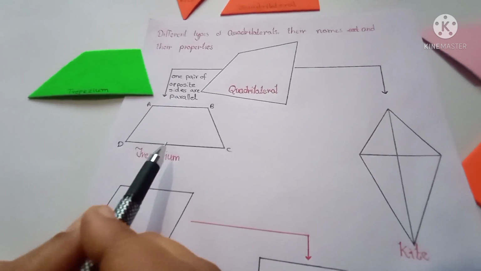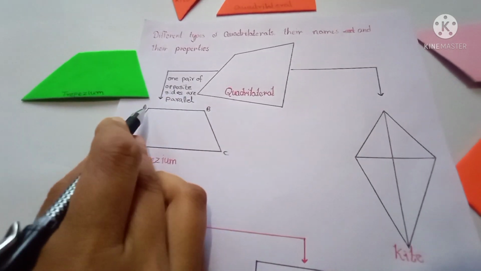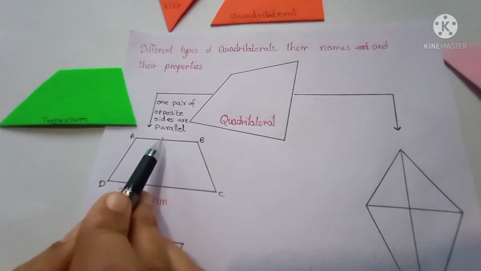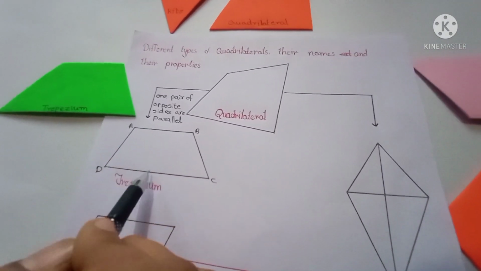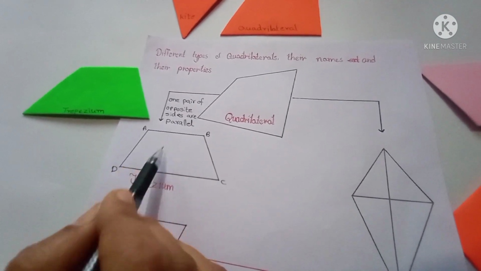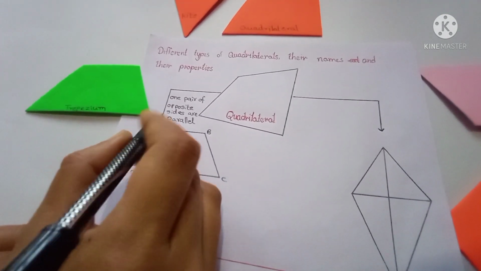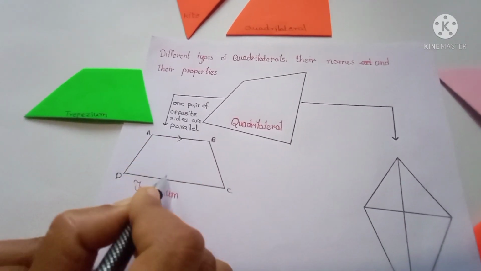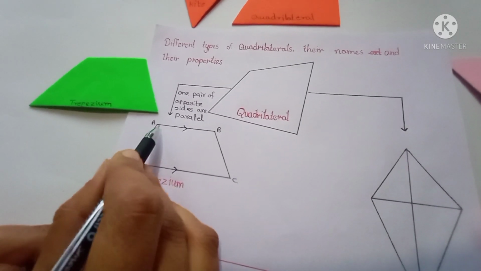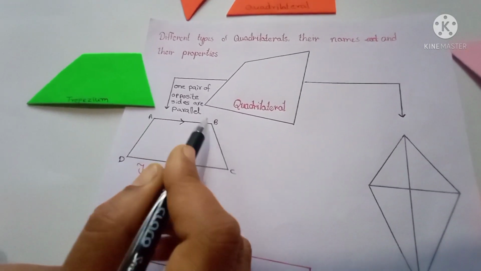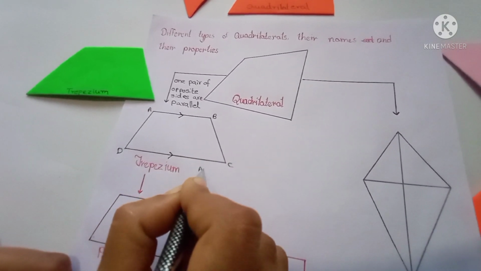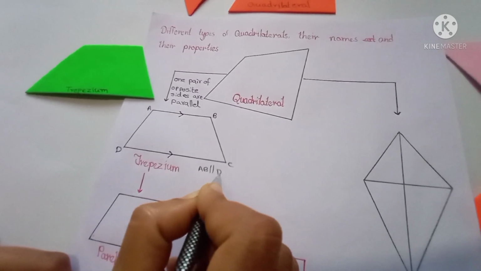We use two arrows in the same direction to show that the sides are parallel to each other, like this. So AB is parallel to DC.